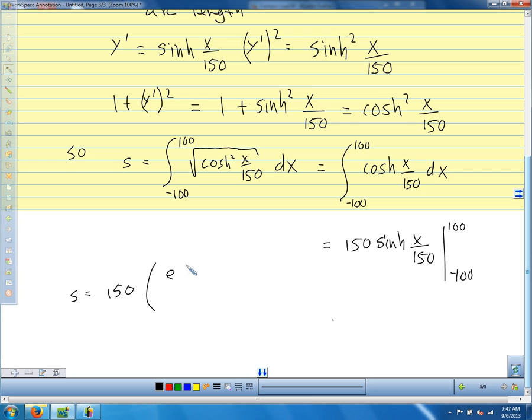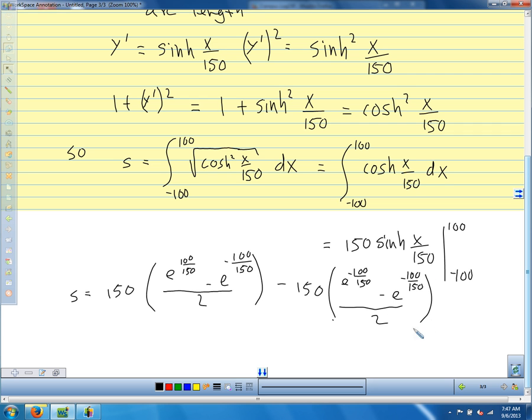So I get e to the 100 over 150 minus e to the minus 100 over 150, divided by 2, minus 150 and at my other limit e to the minus 100 over 150 minus e to the 100 over 150, divided by 2.